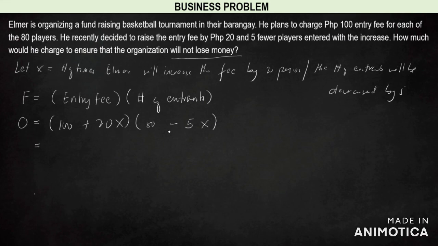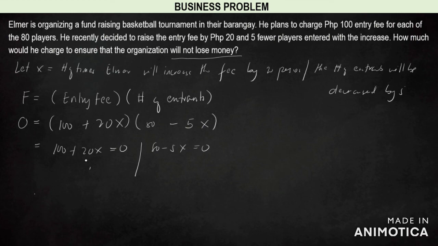We equate each factor to 0. 100 plus 20x is equal to 0, and 80 minus 5x equals 0. For the first, we have 20x, transpose this, we have negative 100.